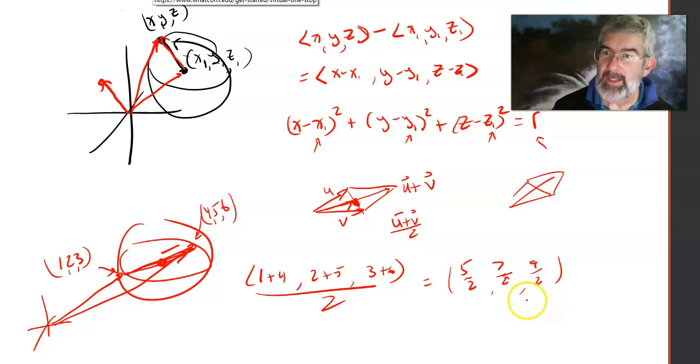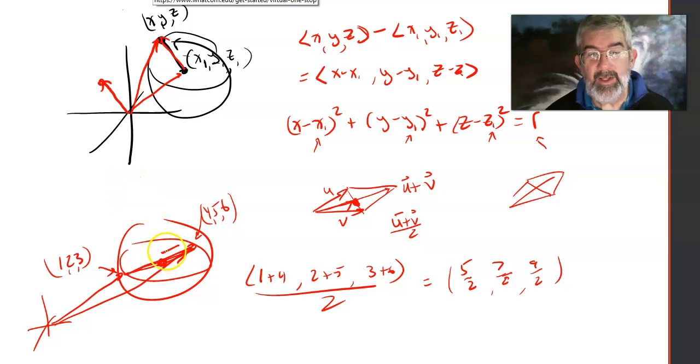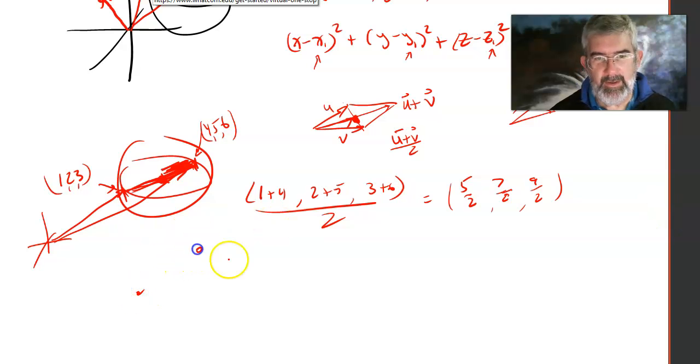Now I need to know what the radius is. Well, the radius is the length between the center and one of the edges, or it's half the distance all the way across. Let's find the total diameter there. So to find the distance all the way across, how am I going to do that? Well, there's a box.